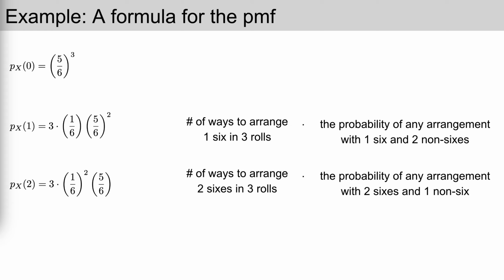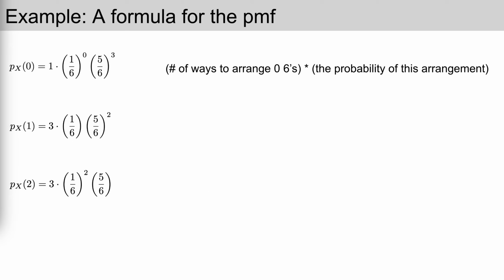Next, we calculated the probability of getting 0 6s to be 5/6 cubed. Though this appears a bit different than our other 2 calculations here, we can rewrite it in the same pattern. Mainly, there's one way that we can arrange 0 6s in our 3 dice rolls, and the probability of this arrangement is 1/6 to the 0 for 0 6s and 5/6 cubed for our 3 non-6s.